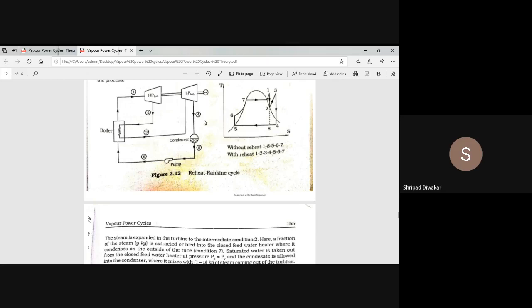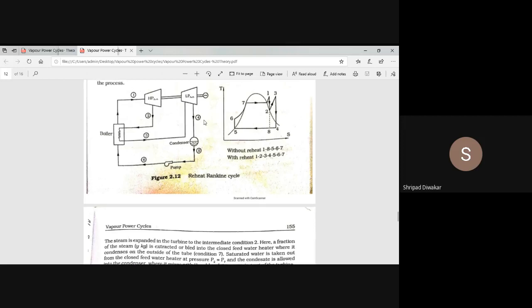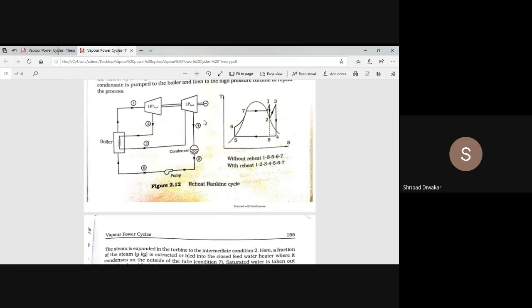Okay. Then how to show in TS diagram, that is the most important thing. As I said, you cannot show the point 1 on the saturation curve, because whatever steam is supplied to the boiler is in the superheated condition. In almost all cases the superheated steam only is supplied to get the maximum efficiency.